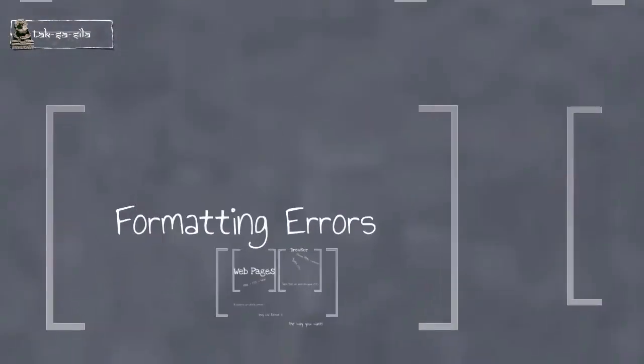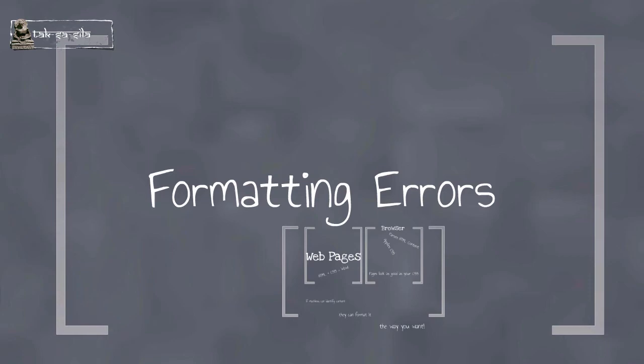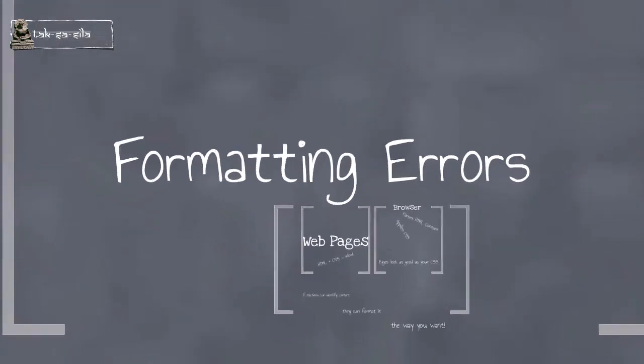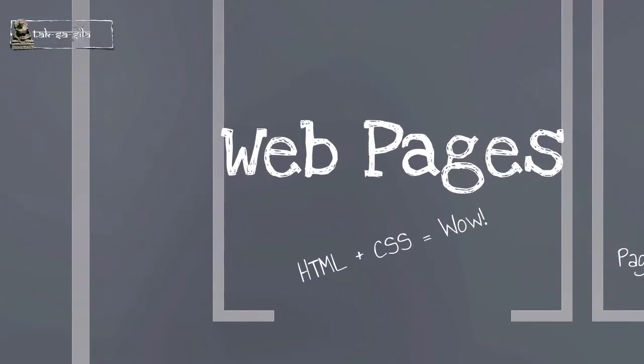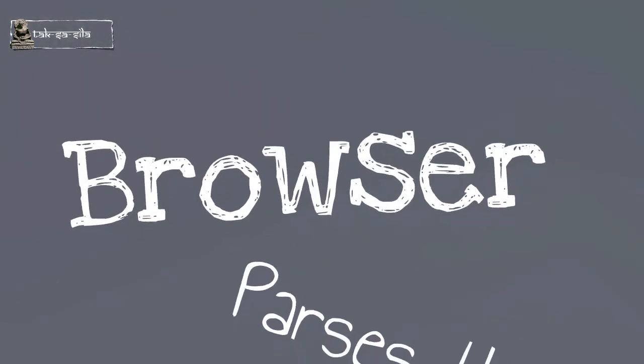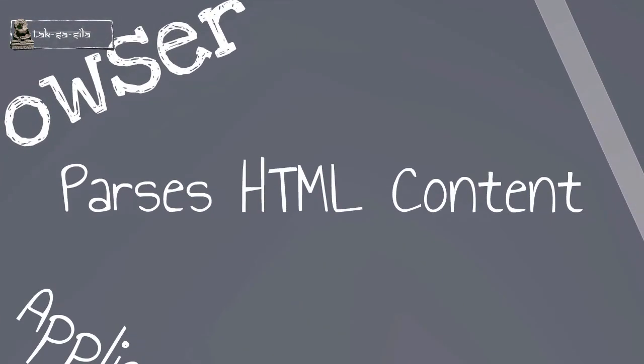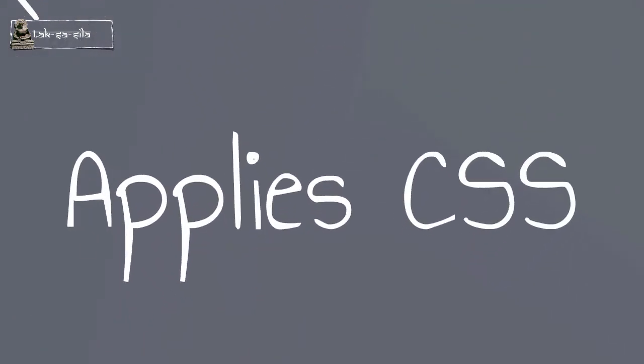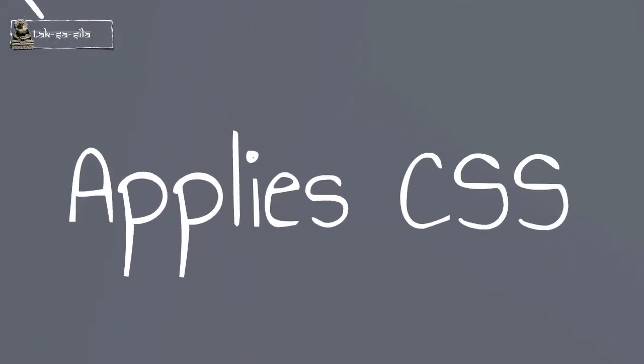Let us look at the third issue now. Formatting errors. Well, this is one thing machines can handle well. Look at web pages. Your content is written in HTML. You create a cascading style sheet and attach it to your HTML page, and wow, your web pages look fantastic. Your browser, which is a machine, goes through your HTML content and applies the formatting that you had defined in your cascading style sheet.